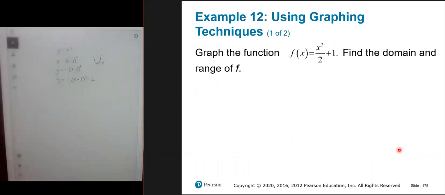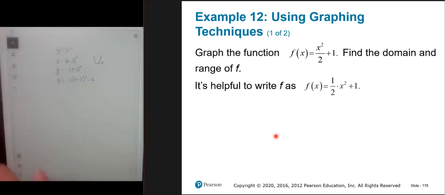Are there any restrictions on numbers I can put in for x squared divided by 2 plus 1? All right, what they did here, they wrote it as 1/2 times x squared plus 1.